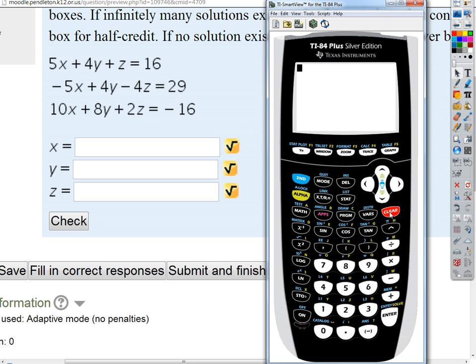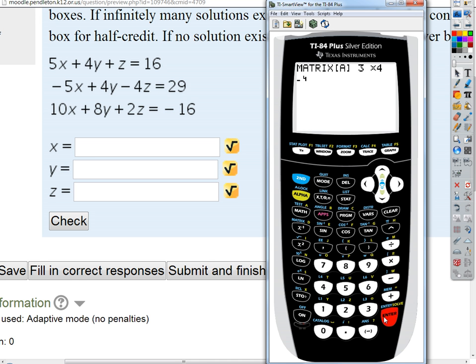This is going to be a different kind of answer. So if we go back to second matrix, edit, matrix A, it's already a 3x4, that's good. So why don't you read these off to me in order. So 5, 4, oh, whoops, not 0. 1, 16, -5, I heard. -16?